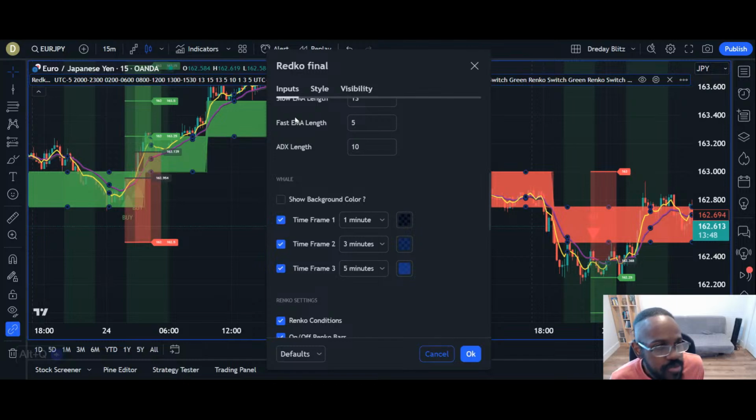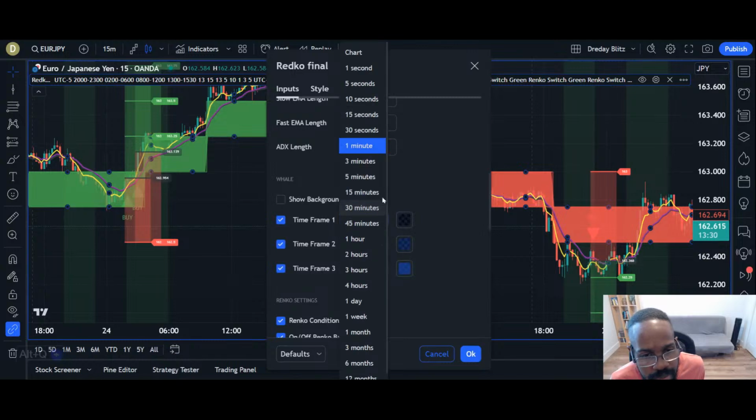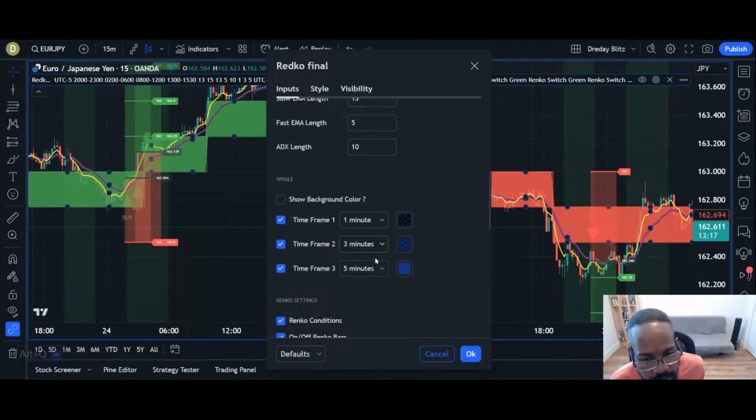So if you're trading off of the 15-minute, you have to put the 3 time frame options before your current chart time frame that is based off of TradingView. Meaning, you see the 15-minute right here. The last 3 before the 15-minute is those 3. So 1 minute, 3 minute, 5 minute.